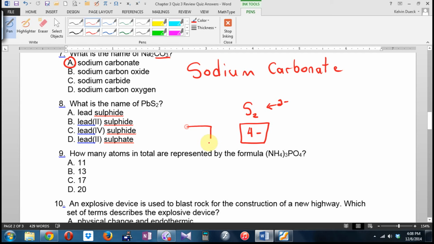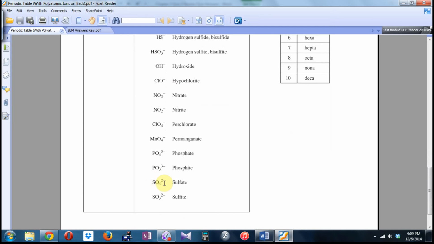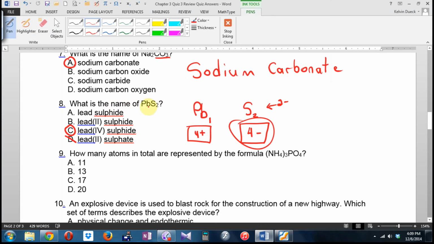That means the total positive charge from that lead has to be 4 positive. How many leads are there? Just 1. So that lead, since it's only 1, has to cancel out these 4 negatives. It has to be a 4 plus on its own. It's lead IV, lead 4 sulfide. By the way, I would have crossed out this one. I should have, because sulfate is the polyatomic. Sulfate is this puppy here, SO4, and there's no SO4 in this one.